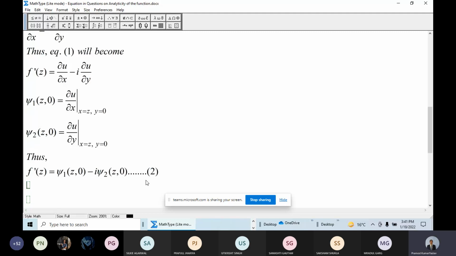Now, by integrating equation 2, I think we can find the value of f z directly in terms of z.